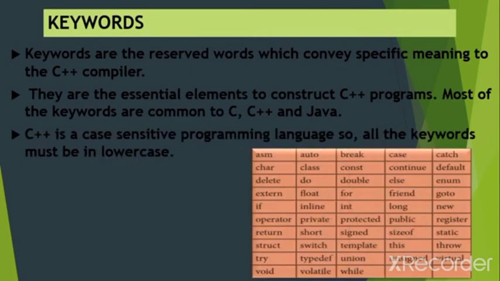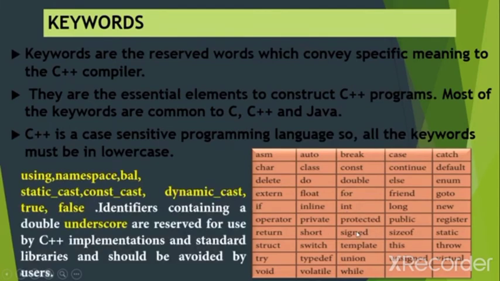So these are a few examples for the keywords. Each of these words has a particular meaning. We can use these keywords only for a particular task. So we cannot use these names for any other purpose. For example, when we create a name for a variable, we cannot give these keywords as the name. Do you understand this? Additionally, some other keywords were also added along with the essential ones, that is using, namespace, bool, static cast, const cast, dynamic cast, true, false.